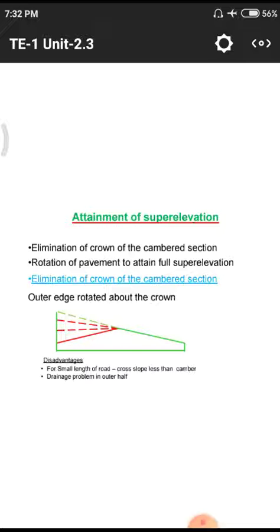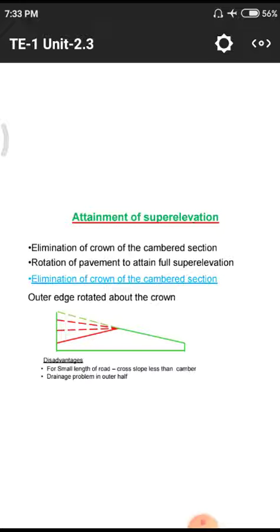What are the disadvantages? For a smaller length of road, the cross slope is less than the camber, and there is a drainage problem in the outer half. These are the two main problems. The first problem is for a smaller length of the road. If the length of the road is very small, the cross slope is less than the camber. Cross slope is normally provided for drainage purposes. In those conditions, particularly in rainy seasons, water will stagnate on the roads.